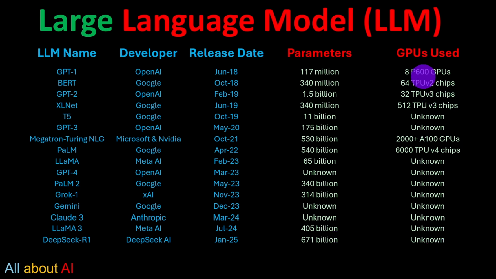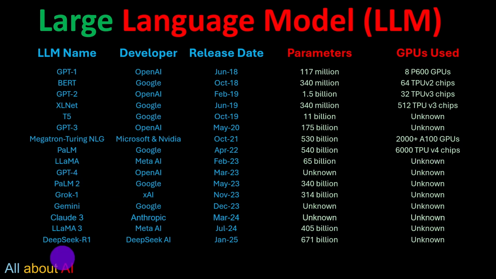The other thing is the GPU, or graphical processing units. This can be calculated or considered in two ways: either the number of GPUs or the total computation hours using GPUs. Some are not mentioning GPUs anymore.